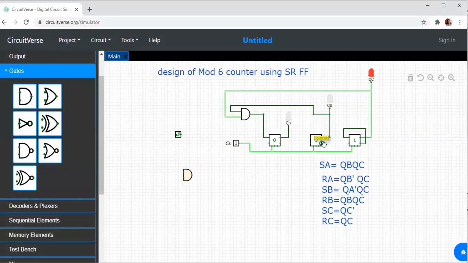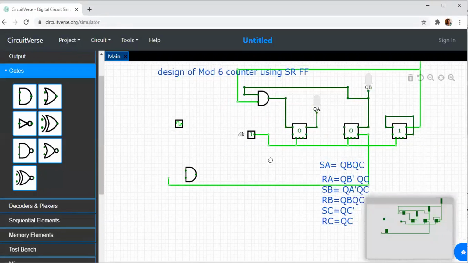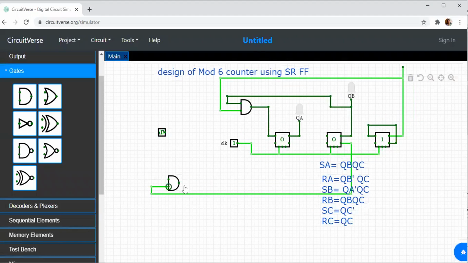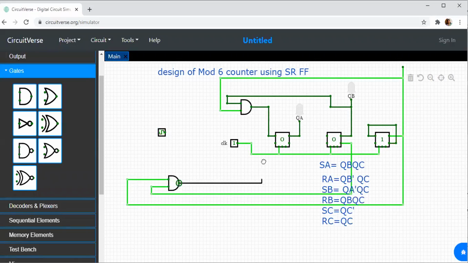So QB bar is over here. Just I'm taking the inverse since this is QA bar. So this will definitely be QB bar. RA is equal to QB bar into QC. So I have my QC over here. So this circuitry may look a bit complex, but it is easy if understood. So this is my RA.